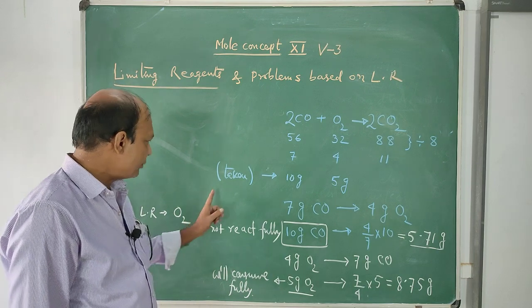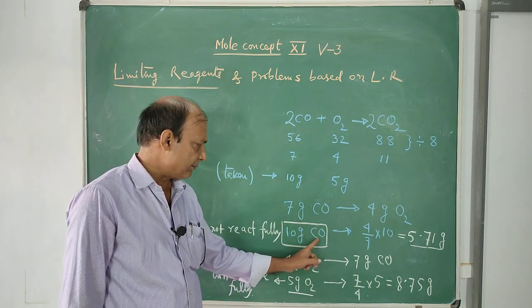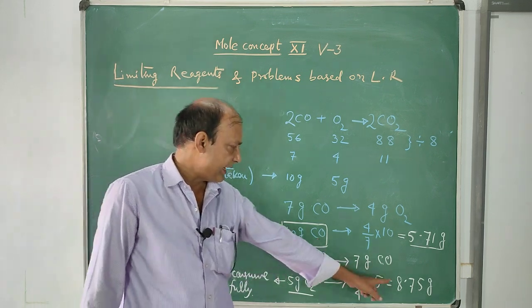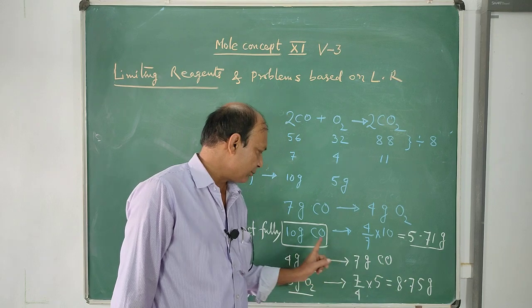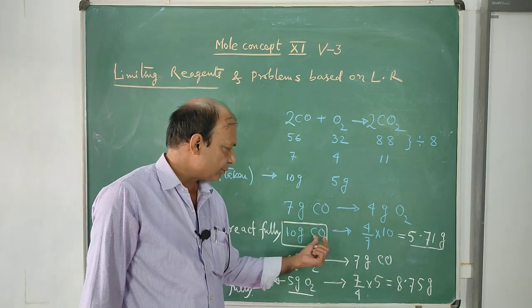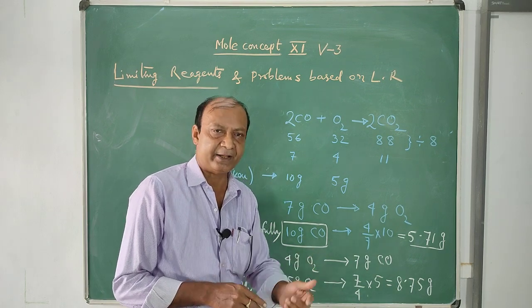And 10 gram carbon monoxide has been taken, but only 8.75 gram carbon monoxide is reacting. Therefore, some amount of carbon monoxide will be left in excess, will be left behind.